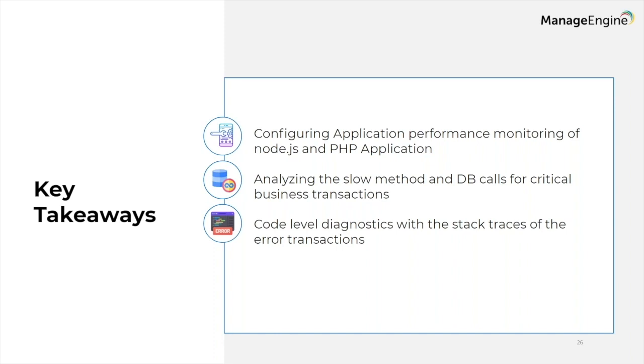When we exit this webinar, kindly make sure to fill in the pop-up so that we will reach out to you to provide customized assistance. We have also discussed analyzing the slow methods and DB calls for your business transactions and getting code-level insight from the stack traces of your error transactions.